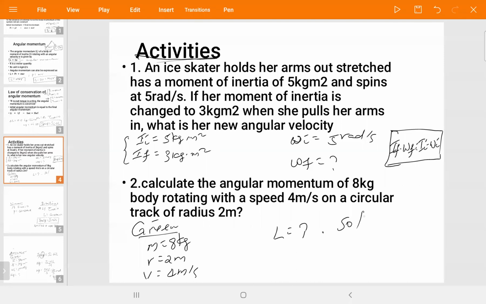What will be the formula for this problem? Angular momentum becomes mass times velocity times r. Now what will be the results that can be obtained?